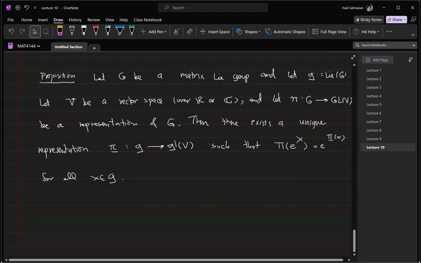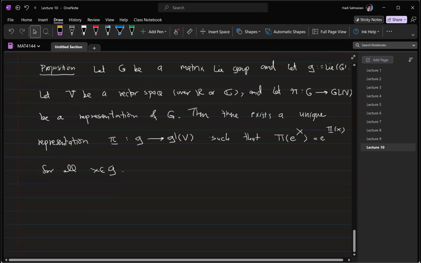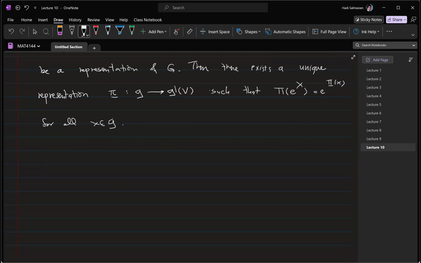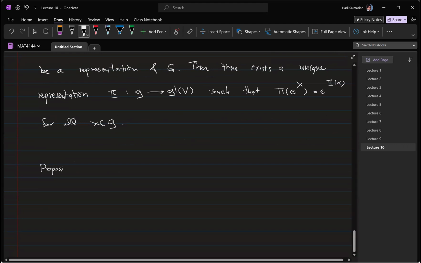Now here is something which is good to know and not a consequence of the previous proposition. Here's another fact about trying to relate irreducible representations of capital G and of the Lie algebra 𝔤.